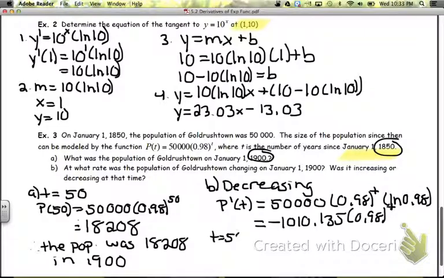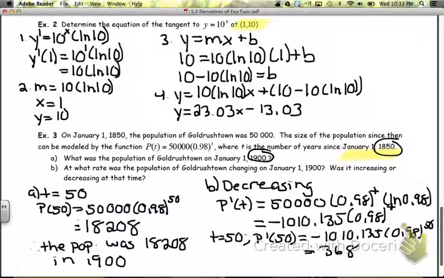T is equal to 50, so we need to find what the derivative is at 50. So we sub in 50 for our t value. And what we're going to get is approximately negative 368. So therefore, it's decreasing by 368 people.